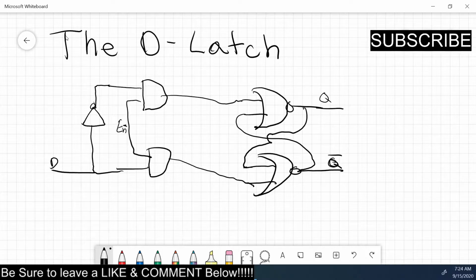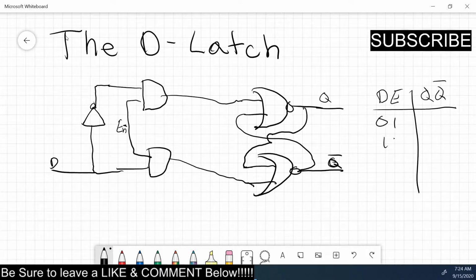So if you have your D and E inputs, and you have your Q and your Q not, we have 0, 1, 1, 0, 0, 0, 1. I always do that. 1, 0, 1, 1. So if you have nothing on the inputs, it's going to stay at the last state. It's going to stay whatever it was before.